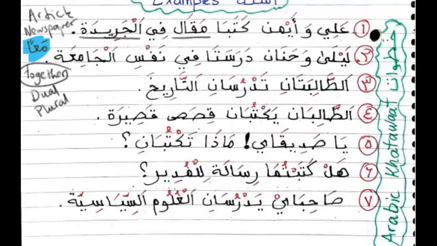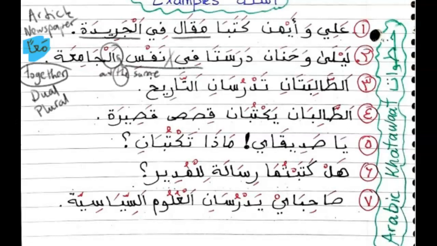ليلى وحنان درستا في نفس الجامعة. At the same. And في نفس does not have the definite article here. The "al" you see here is attached to university.